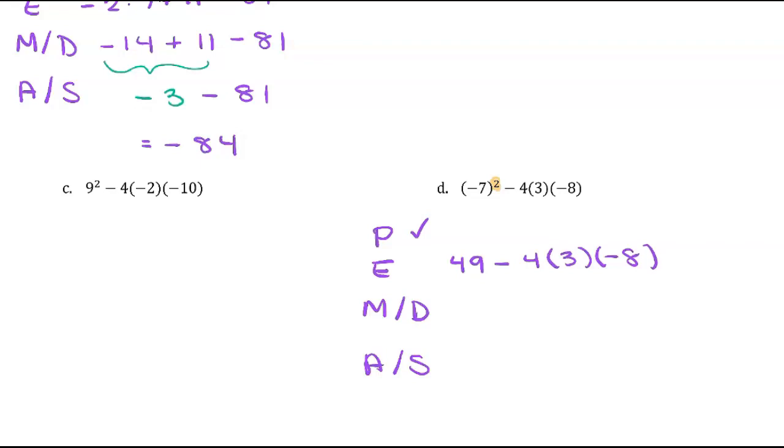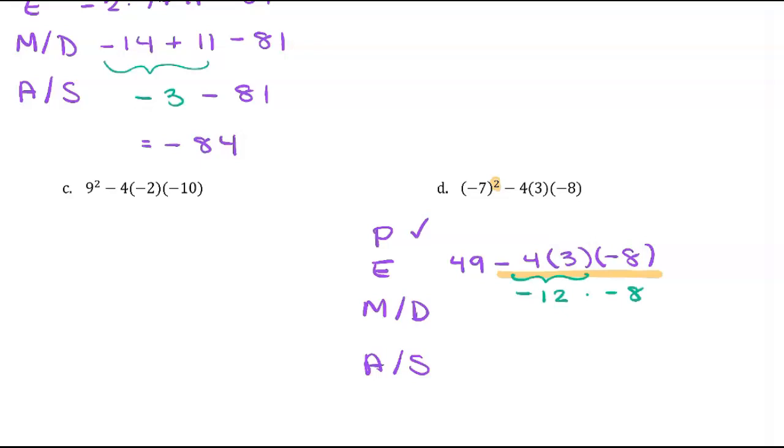Now let's multiply and divide. We don't have any division, but we do have multiplication. This whole string of items is all multiplied together. We have negative 4 times positive 3 times negative 8. Negative 4 times positive 3 is negative 12.